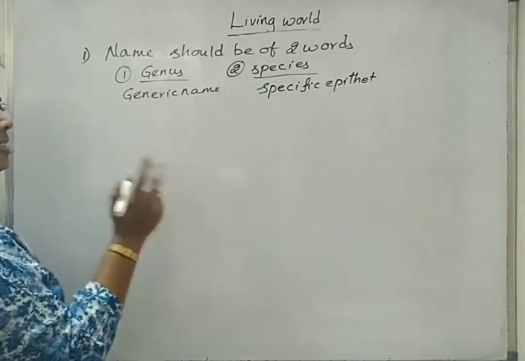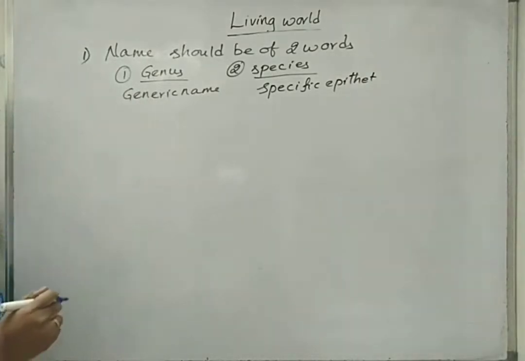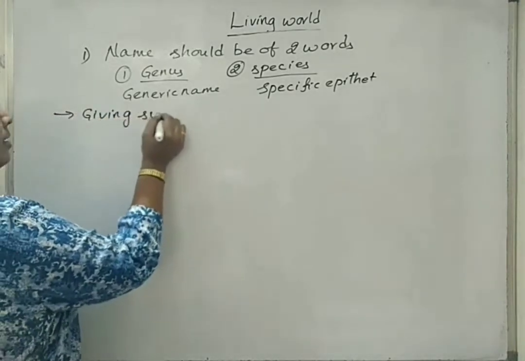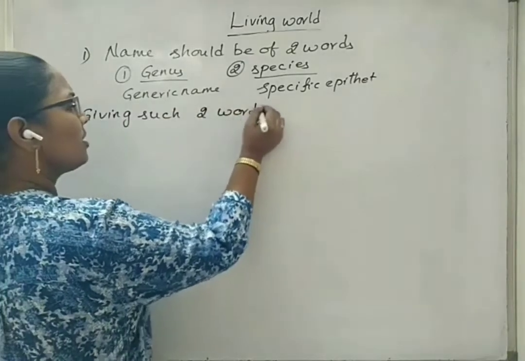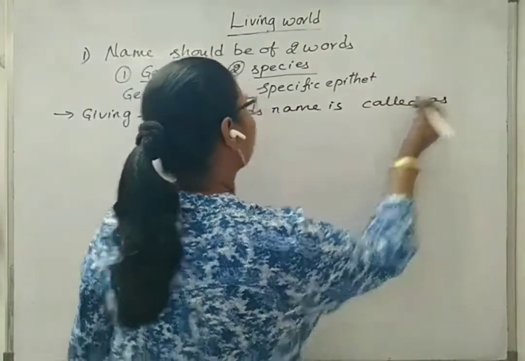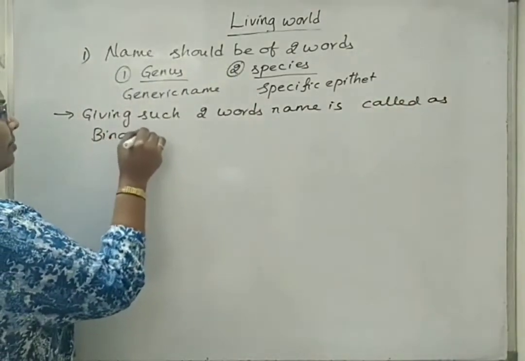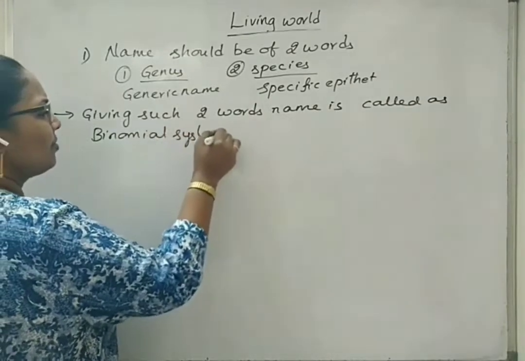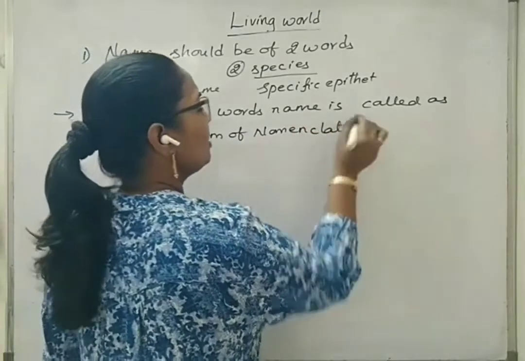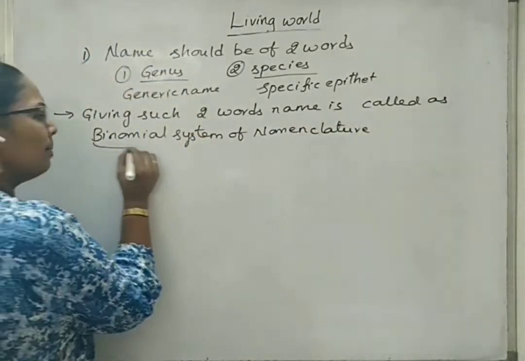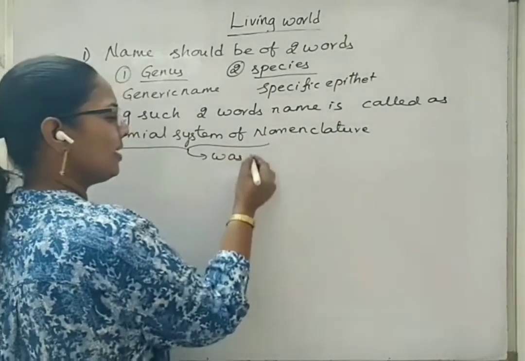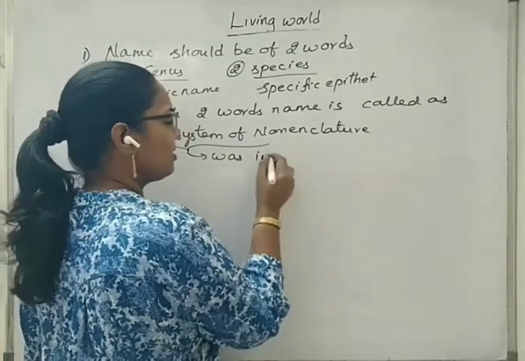Giving two words name to an organism is called binomial system of nomenclature. In this chapter, scientist names are also important. This binomial system of nomenclature was introduced by Carolus Linnaeus.